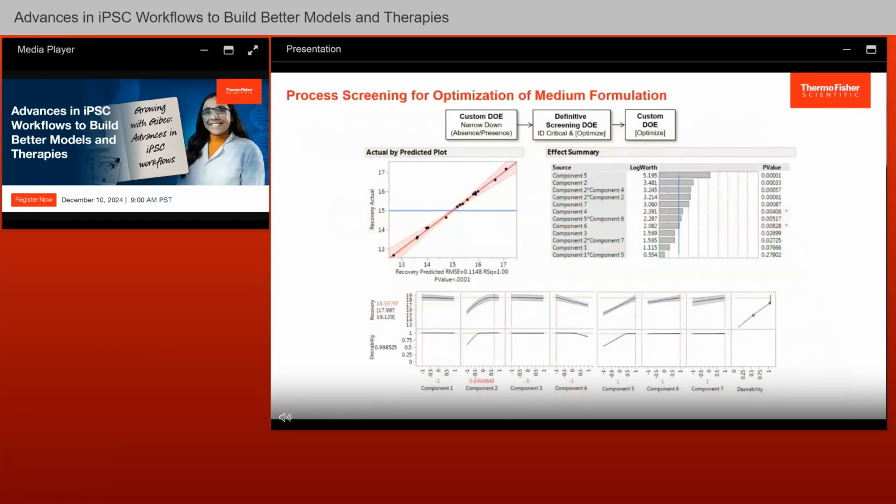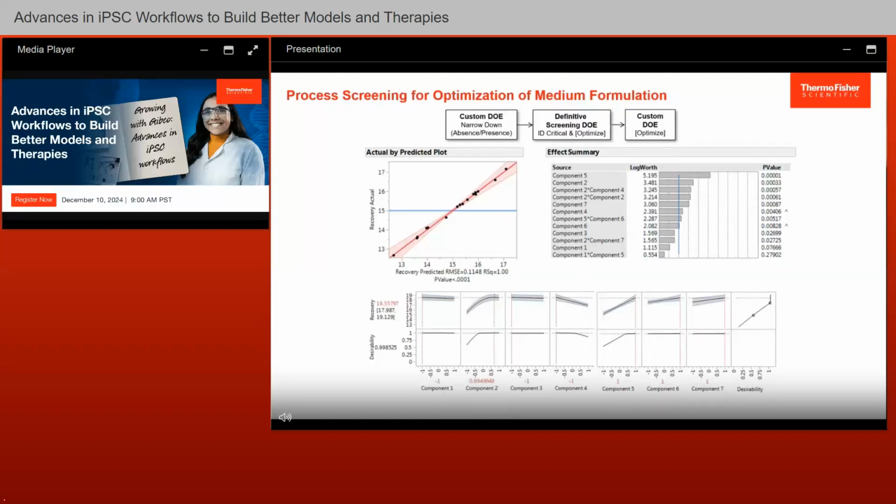What our team did was use an iterative design of experiment approach coupled with follow-up titrations to fully optimize the StemFlex media system. I'm showing you one such experiment outlined in this slide here. We tested over 100 different formulations to completely optimize the StemFlex media system with this DOE approach.